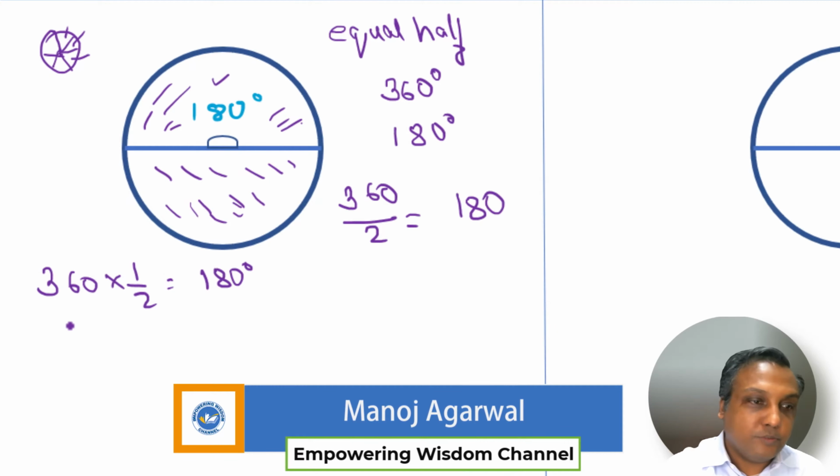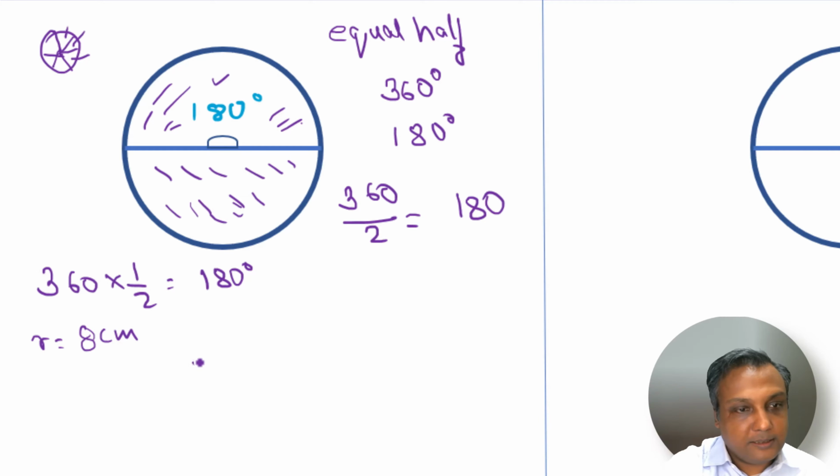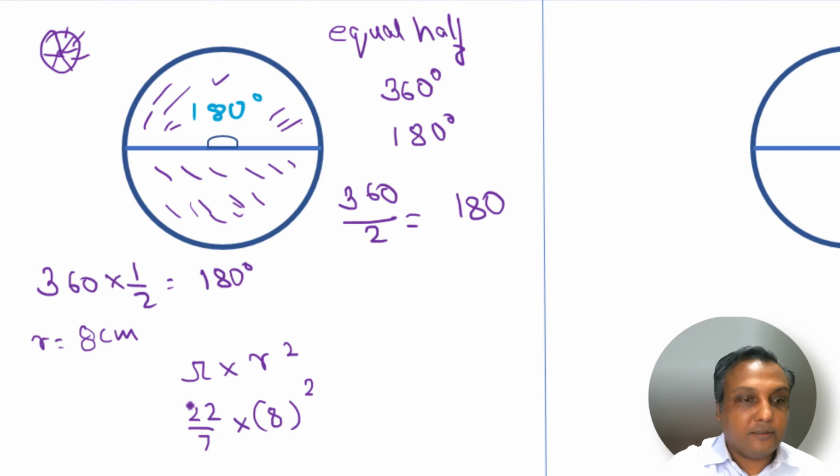Let us assume in this case the radius is 8 centimeter. The simple formula for this is pi into r square, where the value of pi is 22 by 7 into 8 square. So when we get this, we will be getting the area of a complete circle.